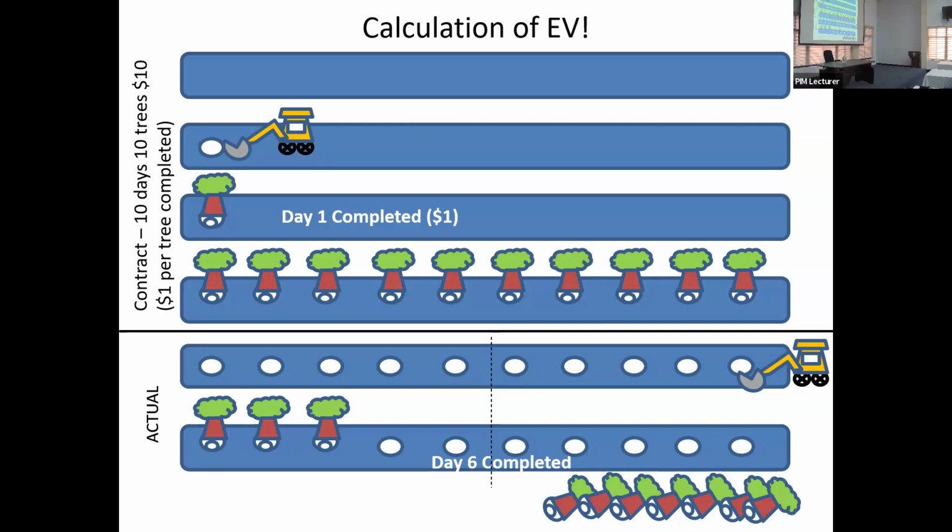Because you have already incurred the cost here, which is your trees and your dug holes, I may need only $3 to finish the job. Now we are not talking about the number of trees. We are talking about how much money I need to complete this project.